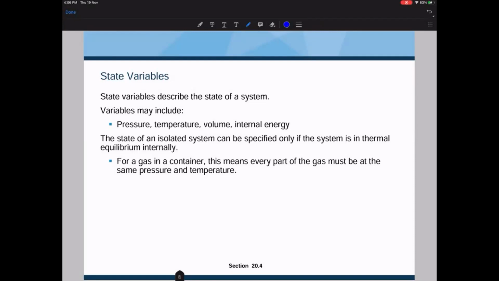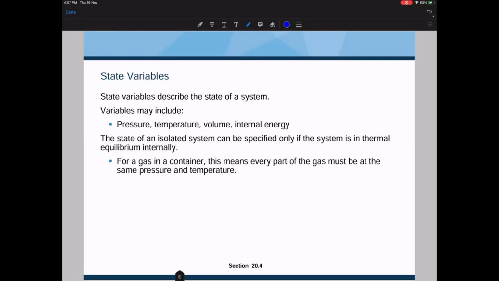Otherwise, once again, if the system is not in thermal equilibrium, then it is not easy to specify the condition. So usually we have to let the system settle into thermal equilibrium so that all the state variables would be equal within the system, and we could describe the whole system by one single parameter.